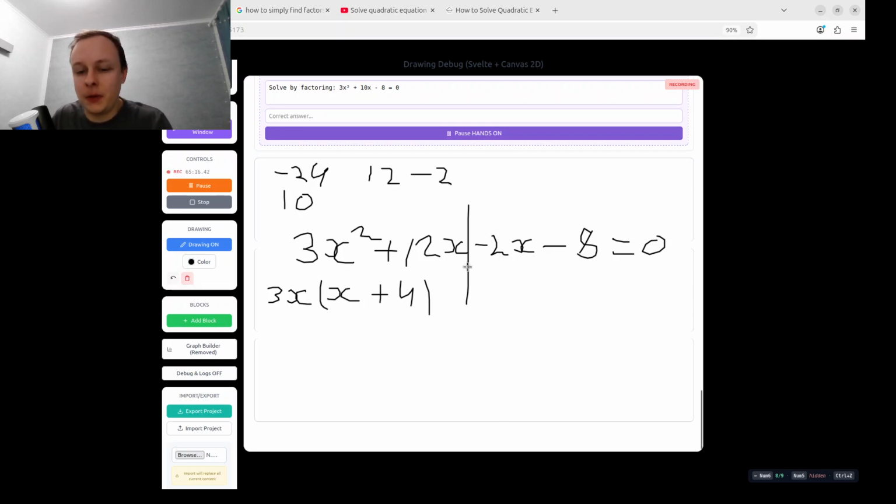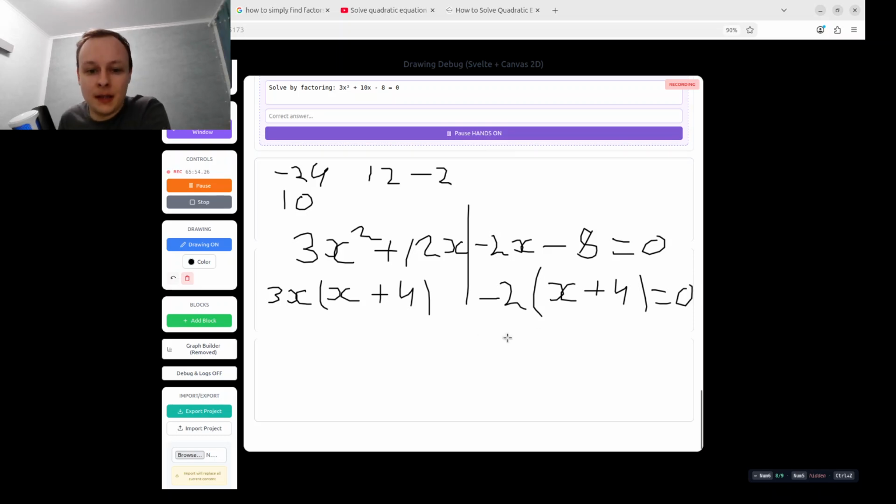And here the common factor is just minus 2. Minus 2 is the common factor, and in parentheses we have x plus 4. It should be the same as written on the left side. If it is the same, it means we are doing it right.